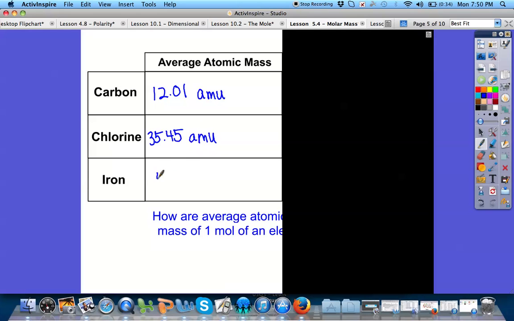And iron is 55.85 AMU. Okay, so those are the average atomic mass.